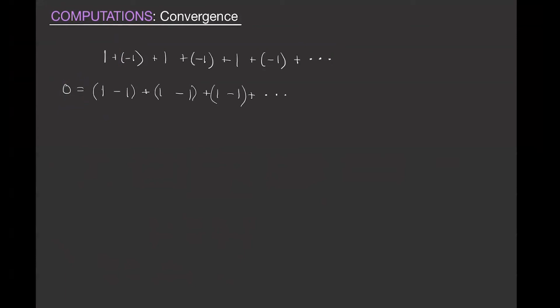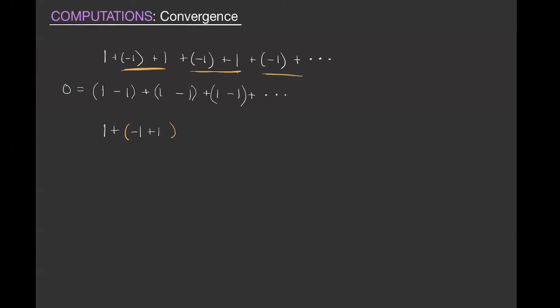You can alternatively group it differently. So if instead of going 1 minus 1, I group it like this, where I group these two together, and then these two together, and so on, what that would look like is 1 plus, and now I'll put orange parentheses to emphasize the different grouping.